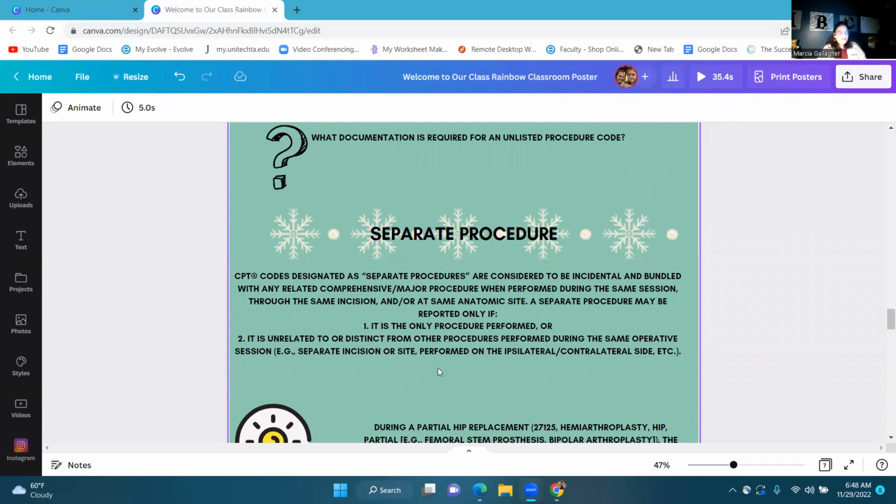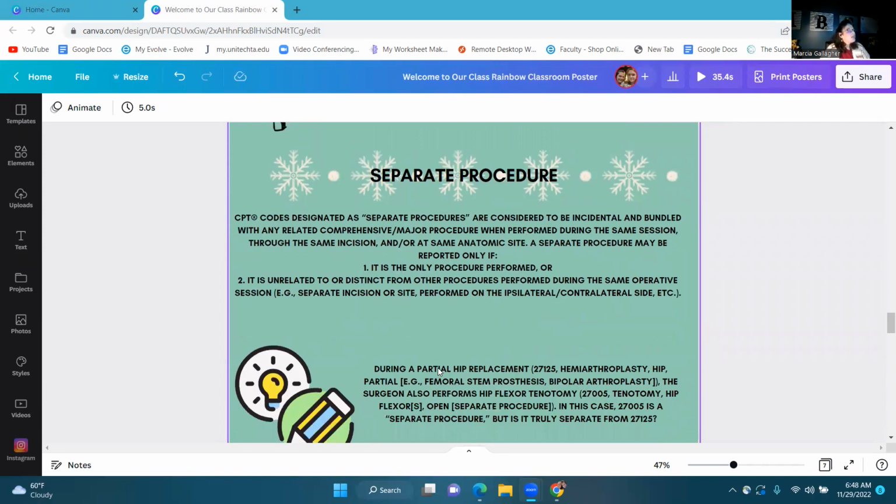Okay, so I'm going to give you an example. During a partial hip replacement, the surgeon also performs a hip flexor tenotomy. In this case, 27005 is a separate procedure, but is it truly separate from 27125?